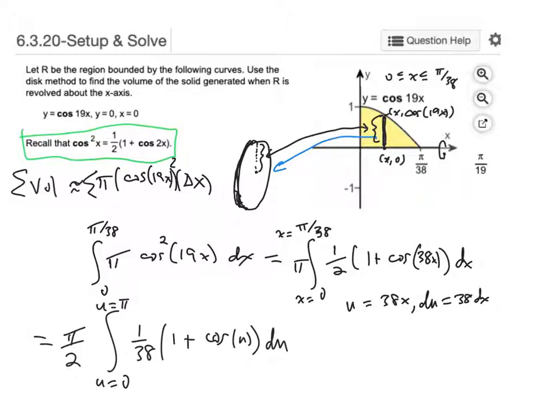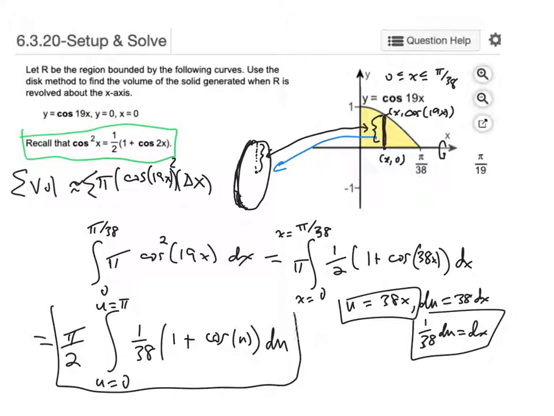The 1/38 is because of this relationship right here. dx is 1/38 of du. We should write that down: 1/38 of du equals dx, according to that equation. So I'm doing these two things and putting that in there. So this is what I get in the transformed integral, and now that is a very simple integral. The antiderivative of cosine of u is sine of u, and I'm just plugging numbers in.